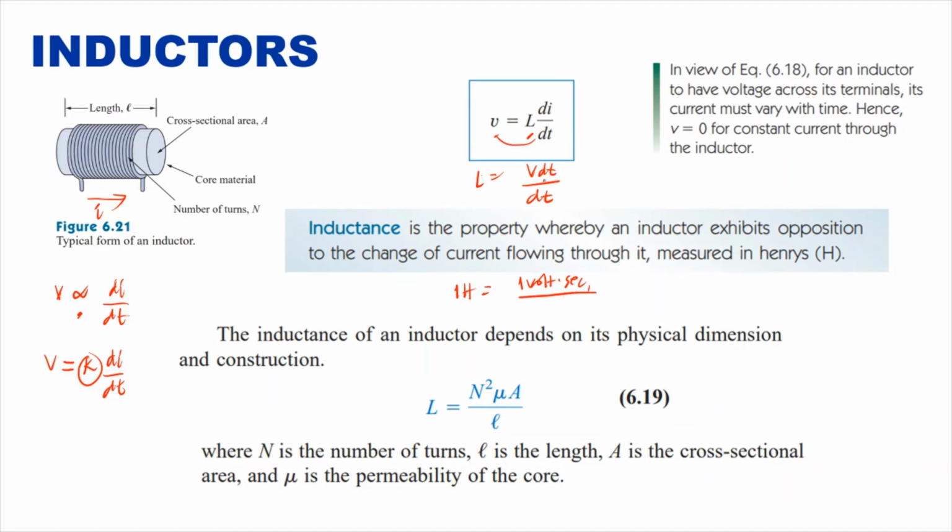Ay, wait. This is di, sorry. Ayan. So, L is equal to V dt over di, per ampere. So, Henry is 1 volt second per ampere.